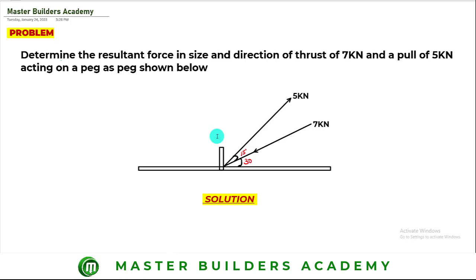It shows that the angle between the horizontal axis and the 5 kilonewton force is 45 degrees, right? So we can put this here. The angle here is now 45 degrees.